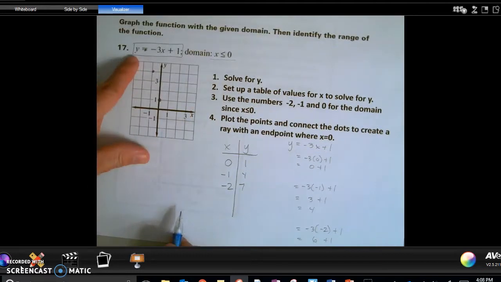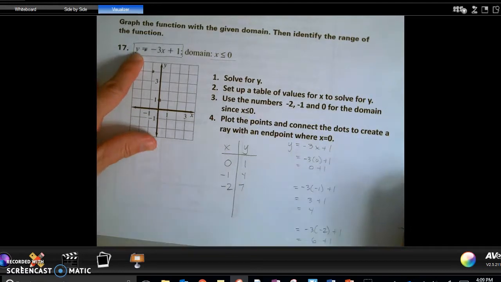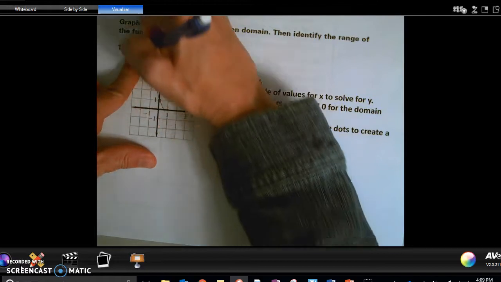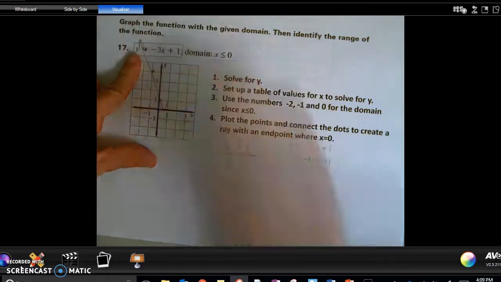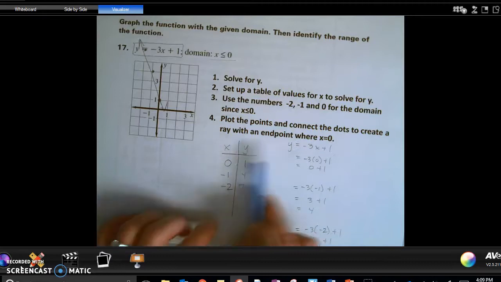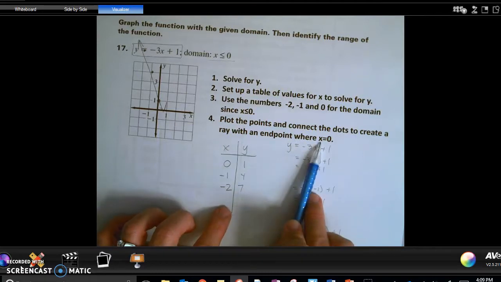Which really brings me beyond where my scale allows me to go on this particular graph, but we get the idea. I can connect these points in hopefully a somewhat straight line. And this time, as we connect these dots, we need to have an endpoint where x equals 0.